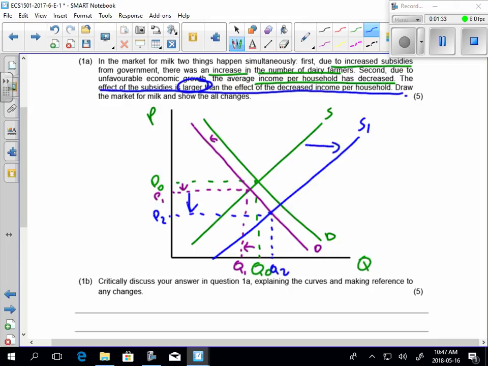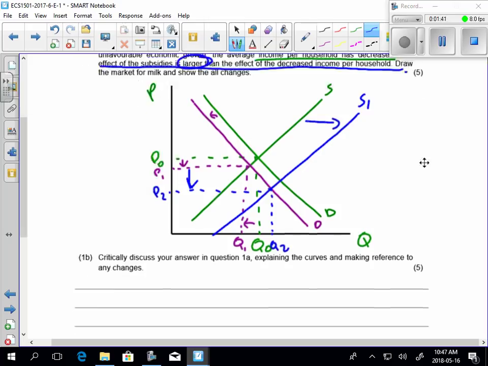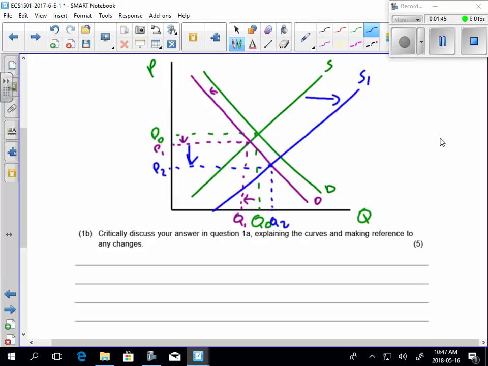Okay. So you guys see that. Discuss your answer. All right, so like we said, subsidies and income are exogenous variables.